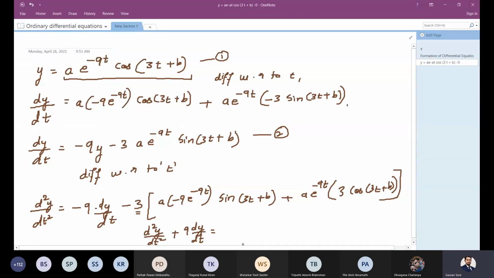So that will become 3a to the power minus 90 sine of 3t plus b. So minus 3 and minus 9 at least I should write. So minus 9, and then you will get minus 3a to the power minus 90 sine of 3t plus b, and that is dy by dt plus 9y.